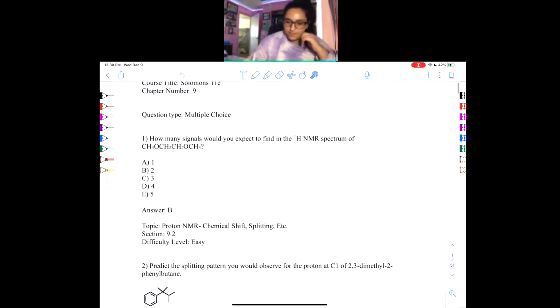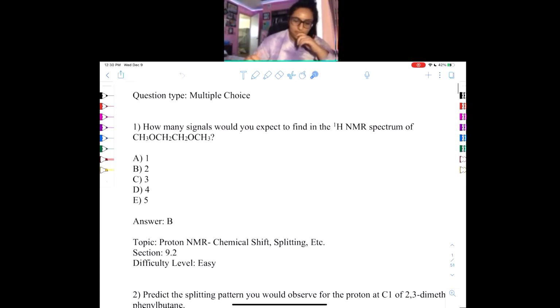So, let's say we have something like this. Ew, I hate condensed formula, so I'm going to go ahead and write it out. You know what, before I write it out, we see two oxygens here, right? What functional group are those going to be? So what functional groups do we have present here?